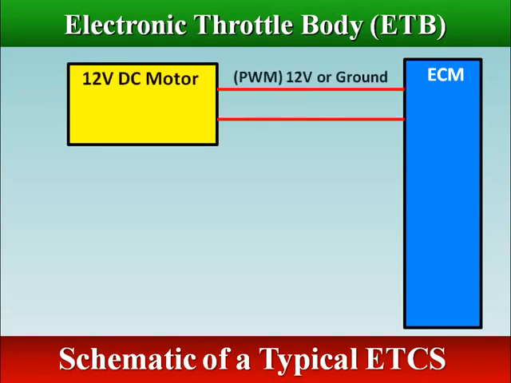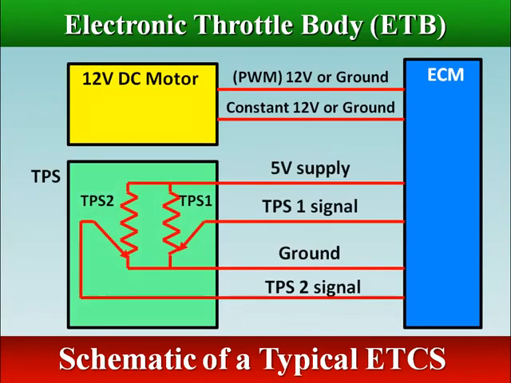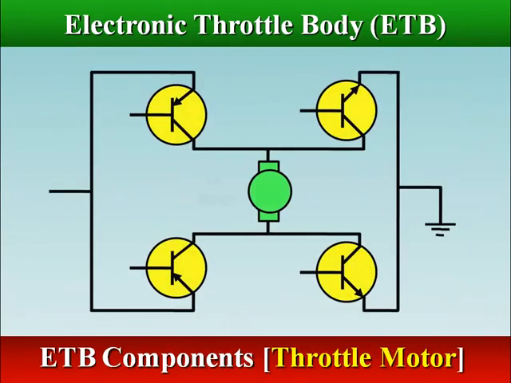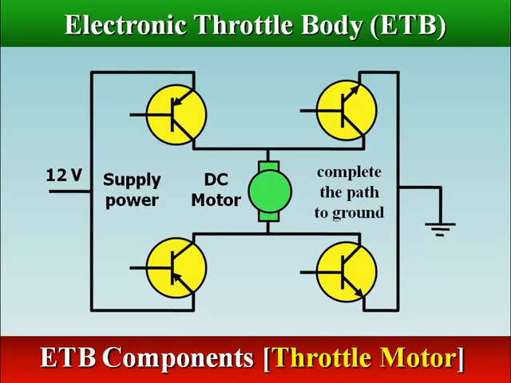Both power and ground are switched to change the direction of the motor. The motor circuit consists of 4 control transistors on the opening and closing circuits. One transistor supplies power and the other transistor completes the path to ground. This configuration allows the ECM to control the direction of current through the motor.